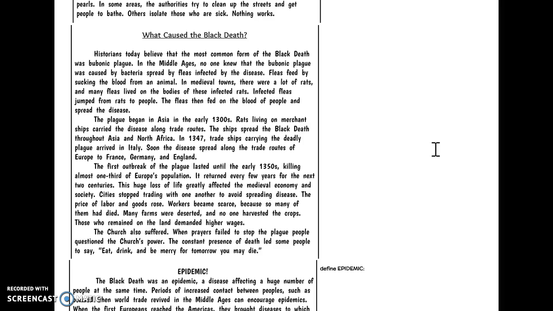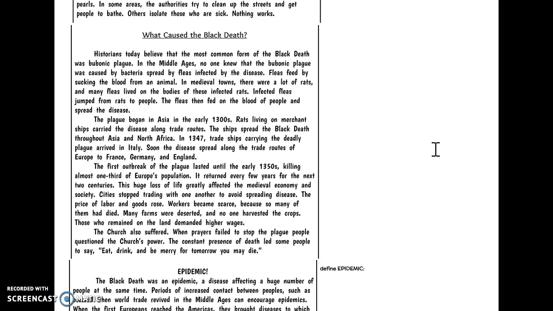In medieval towns, there were a lot of rats, and many fleas lived on the bodies of these infected rats. Infected fleas jumped from rats to people, and the fleas then fed on the blood of people and spread the disease. The plague began in Asia in the early 1300s. Rats living on merchant ships carried the disease along trade routes.